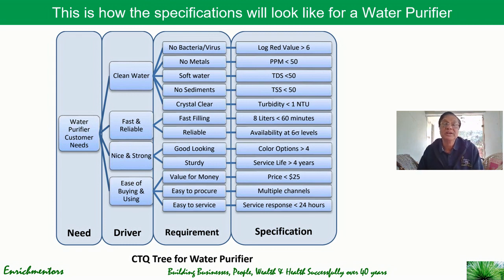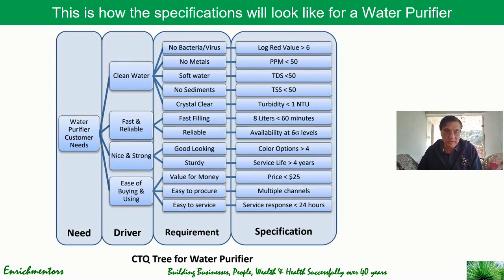For example, when you talk to people, they will say no bacteria, which would be a certain level of bacteria, and there we would say the log reduction value should be more than 6. No metals would be translated into parts per million of metals being less than 2. Soft water being TDS less than 50. No sediments being TSS less than 50.